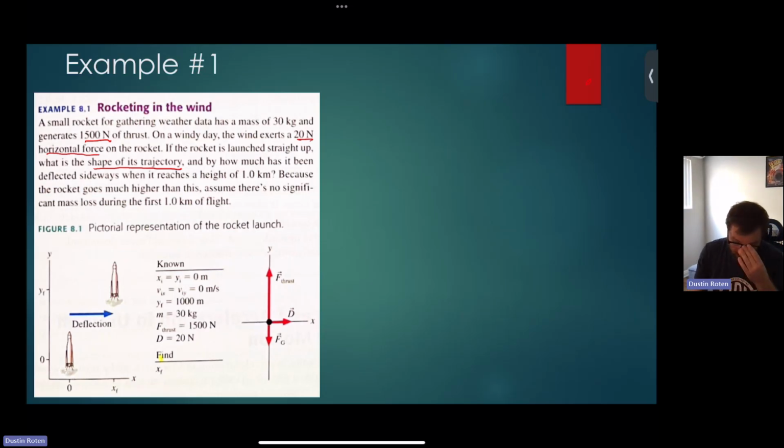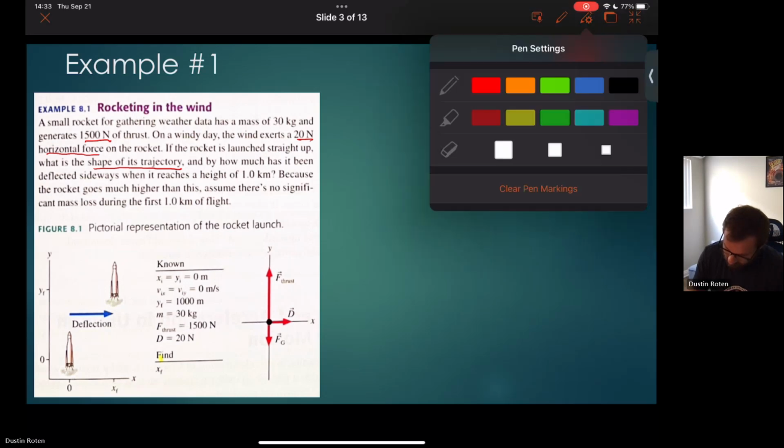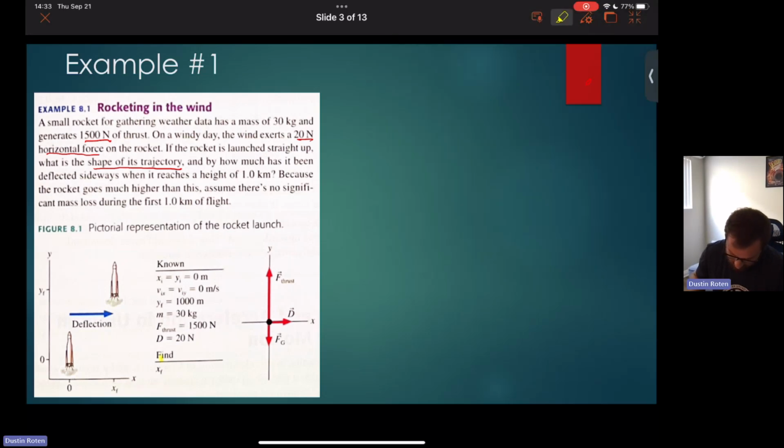And the question is, what is the shape of its trajectory? That's one piece. The other piece is how much has it been deflected?